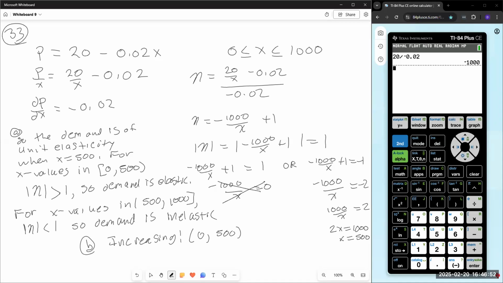We should be flat at x equals 500, and we should be decreasing on 500 to 1,000. And I guess these are closed as well, so that they match these other intervals.